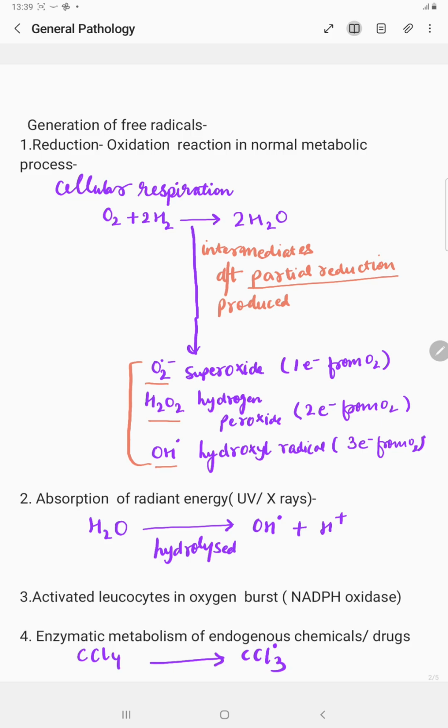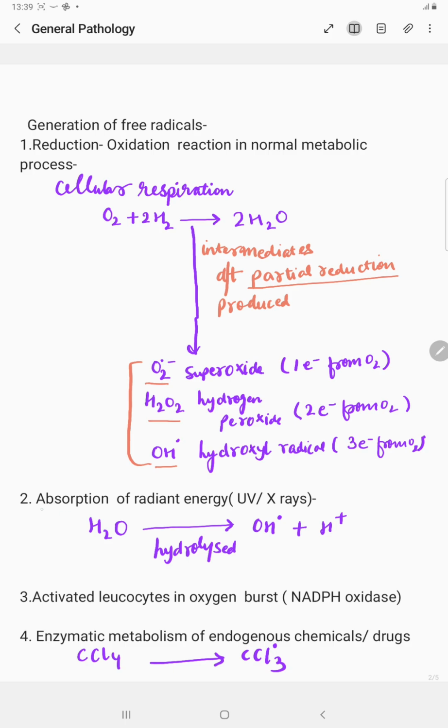Now during this reaction a large number of intermediates are formed due to partial reduction of oxygen. What are these free radicals? These are superoxide when it receives one electron, hydrogen peroxide when it receives two electrons, and hydroxyl radical when it receives three electrons.